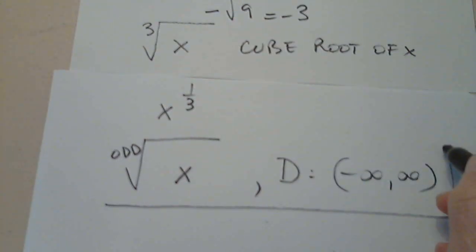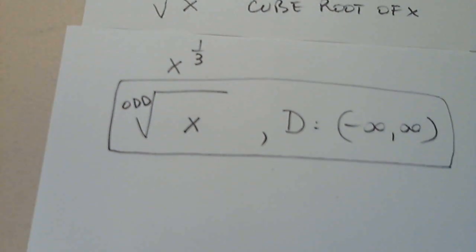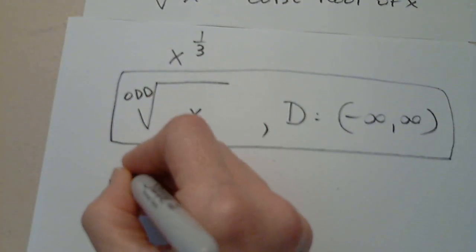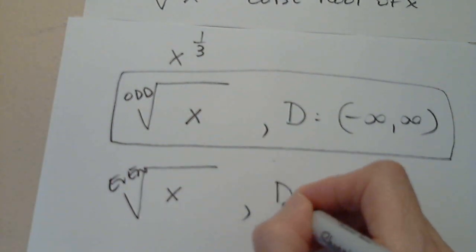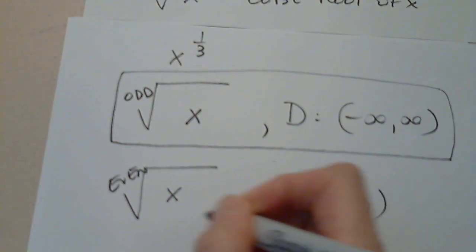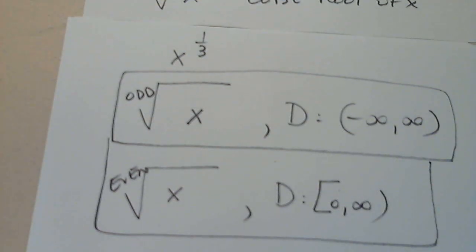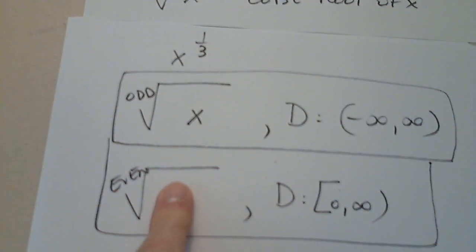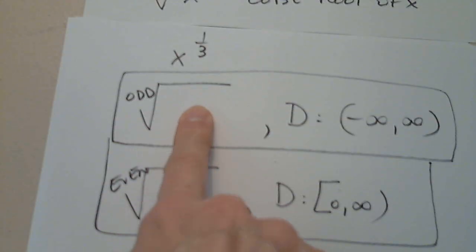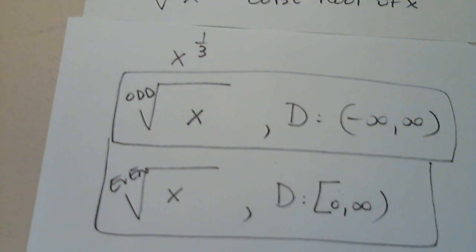Friendly, very nice. But if I have an even index, domain 0 to infinity. So odd index behaves like a polynomial. It's not a polynomial. What I'm saying is I don't have to worry about domain ever. But as long as the index is even, this quantity must be 0 or above. Here it doesn't matter. Positive or negative or 0, everything goes.